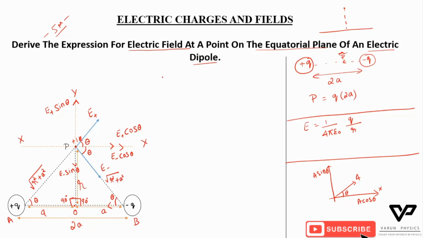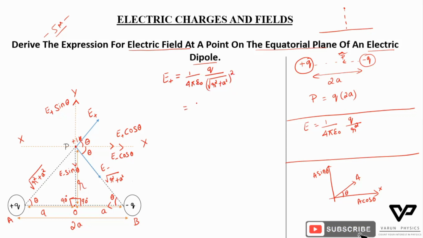Now, we'll calculate the magnitude of E plus and E minus using a formula. E is equal to 1 by 4 pi epsilon naught Q by R square. Therefore, E plus is equal to 1 by 4 pi epsilon naught, Q is plus Q, divided by R square, which is given by under root of R square plus A square, the distance between them, whole square.